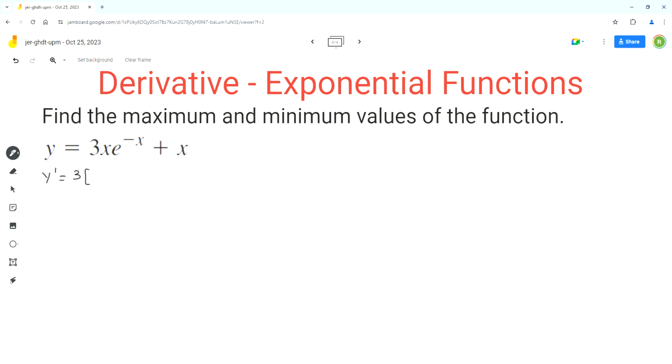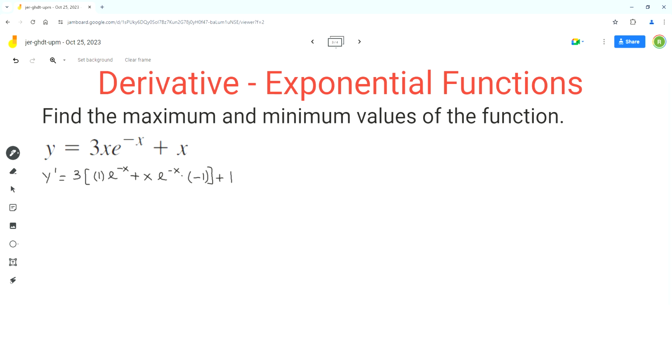So as per the product rule, we'll start with the derivative of the first function, and the derivative of x is 1 times the second function plus the first function times the derivative of the second function, and the derivative of the exponential function with the base e is the exponential term itself times the derivative of the exponent, and the exponent is negative x, so its derivative is negative 1, plus the derivative of x, and the derivative of x is just 1.